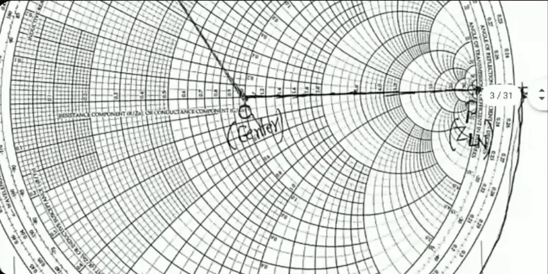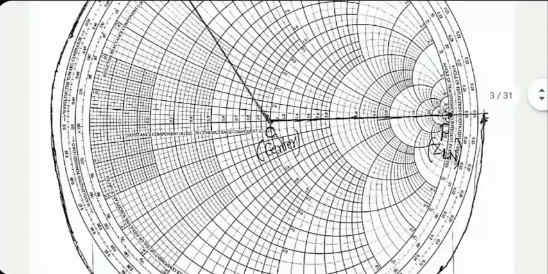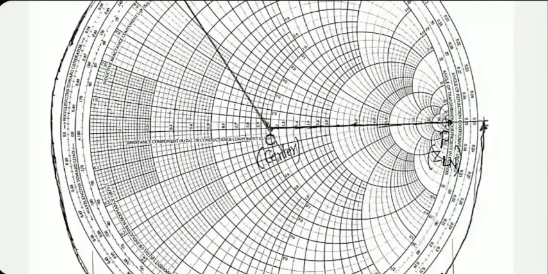You extend this line OP all the way to the end of the chart. And here, one of the circular scales, the chart officially ends at point P, but after that, scales are there for several things of interest. Angle of reflection coefficient is the first scale.